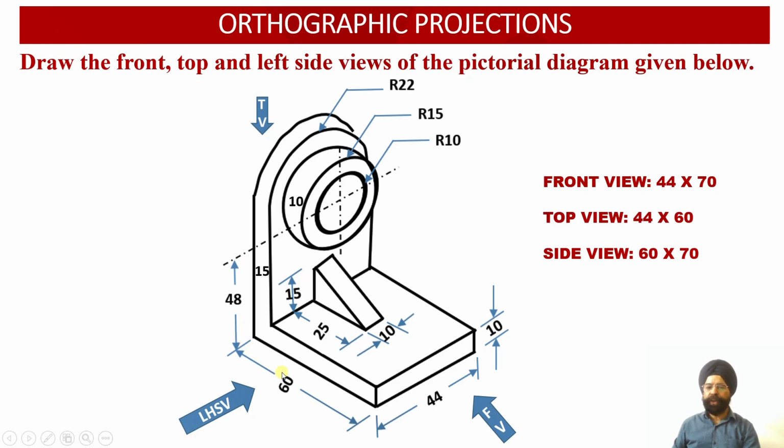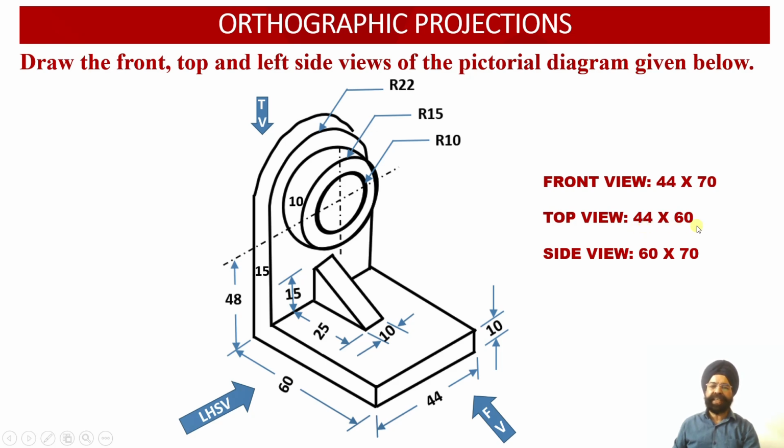Now in the top view, if we look at this solid, we are going to get the width equal to 44 millimeter, and besides the width, the information required to draw the top view will be the depth of the solid. This is the depth of the solid, which happens to be 60 millimeter. So the top view face will have the dimensions 44 millimeter by 60 millimeter.